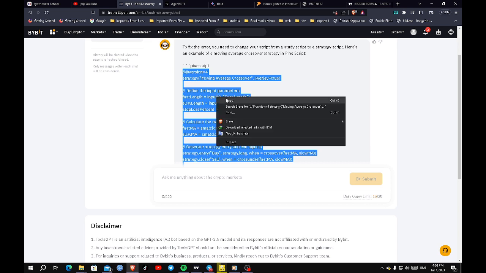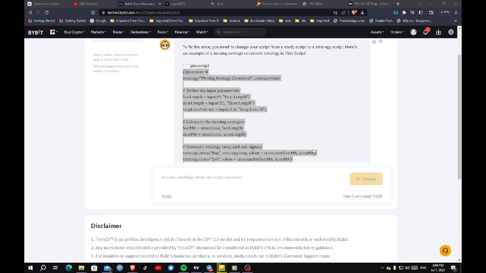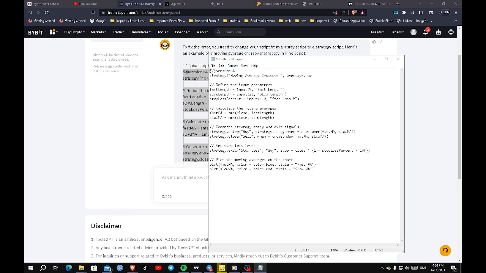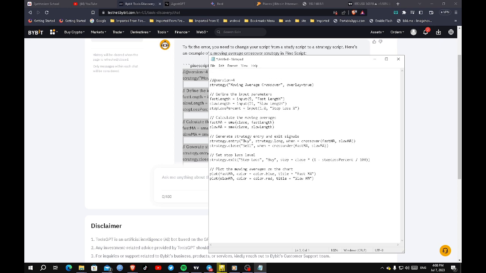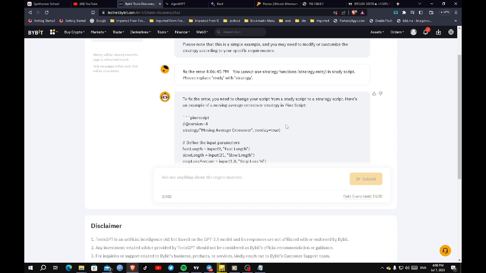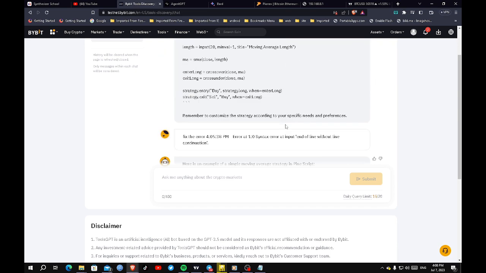You can simply copy this trading strategy and just save it in a notepad on your PC if you want to use it later. Okay, so let's find a name.